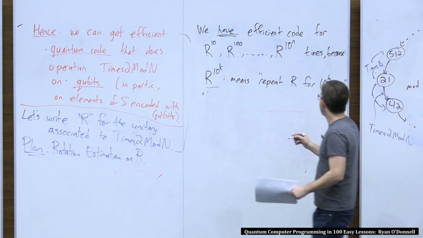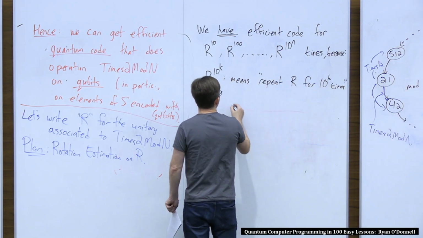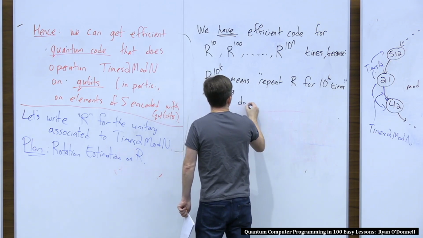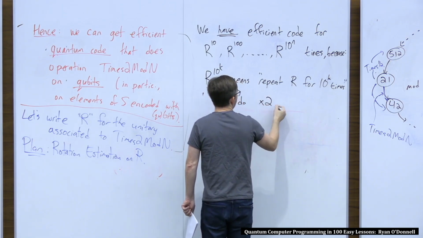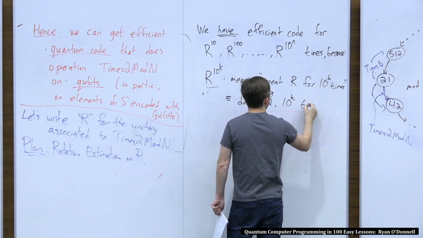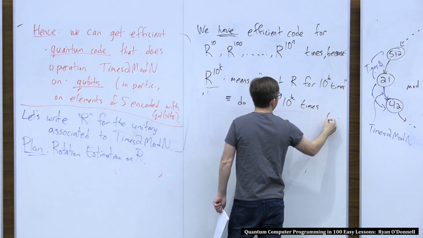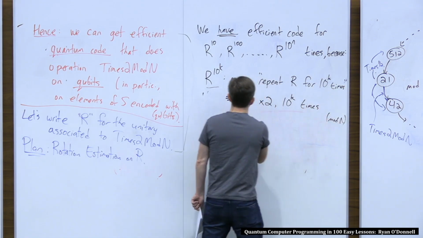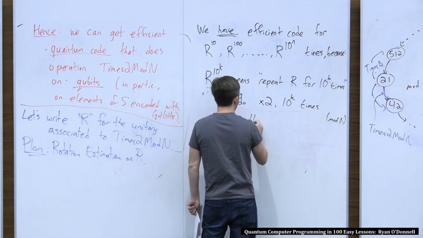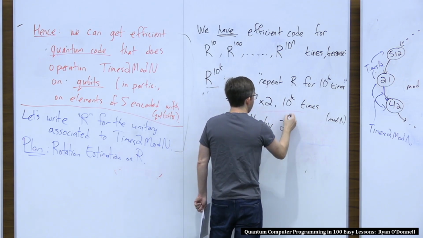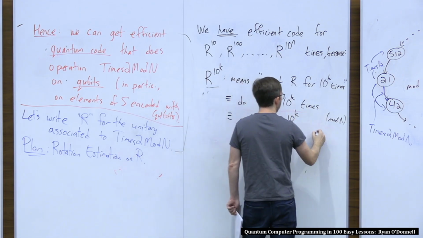It means do times 2, 10 to the k times. It's all mod n, which is equivalent to multiplying by 2 to the 10 to the k mod n.